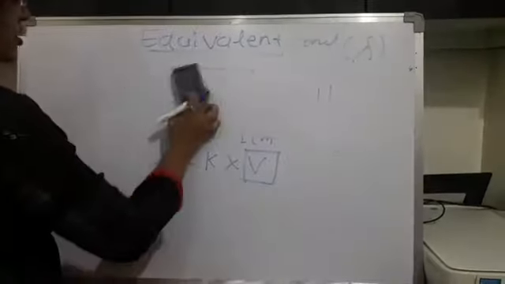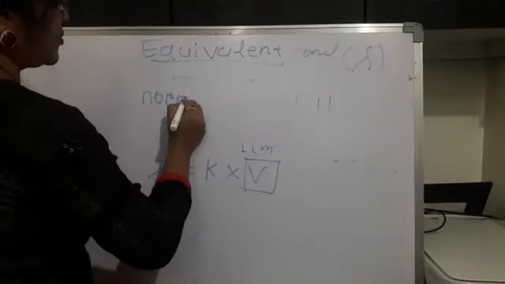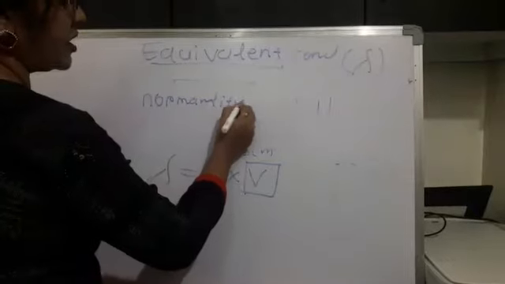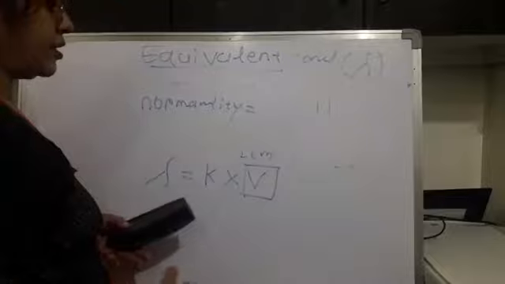What is meant by the concentration term? Normality. What is the definition of normality? The number of gram equivalents per unit volume of the solution, in 1 liter of the solution.